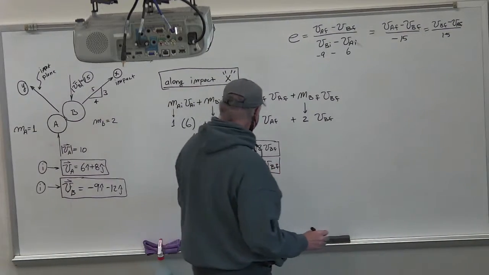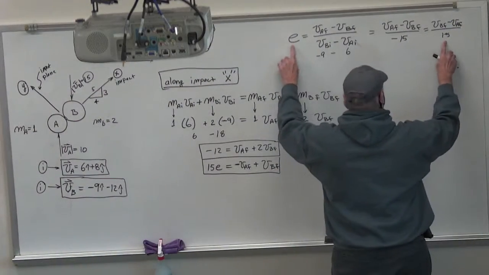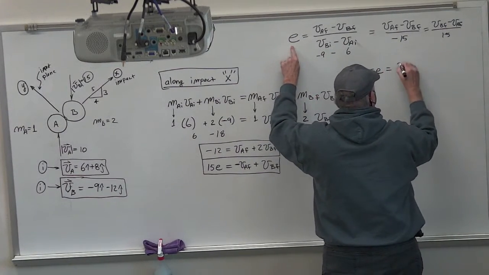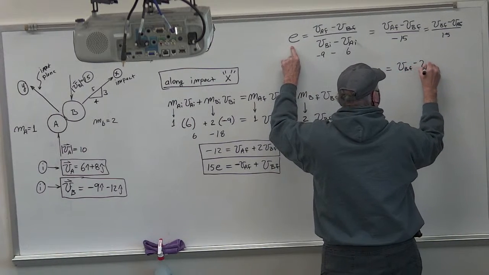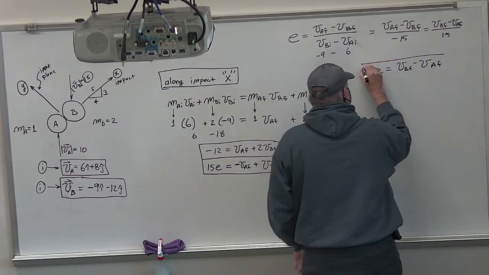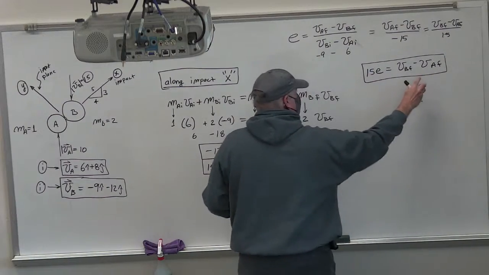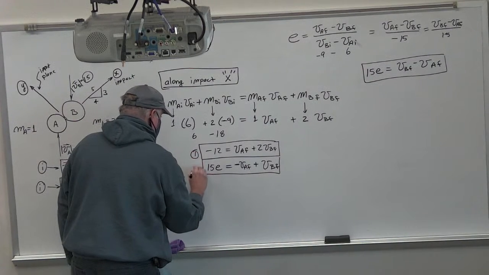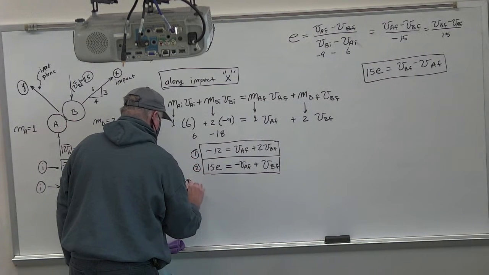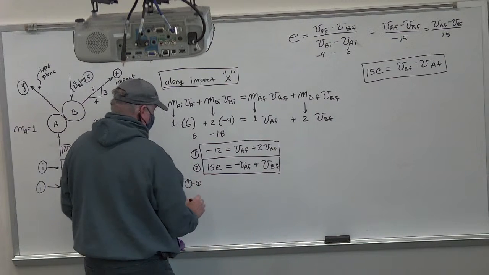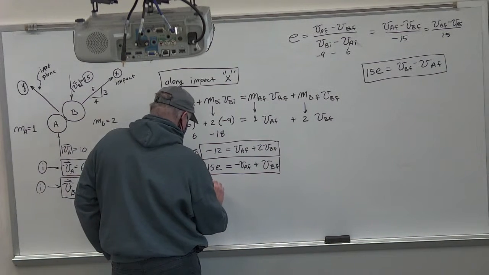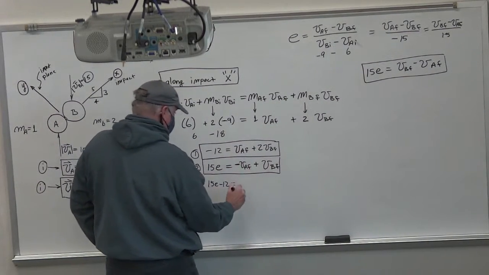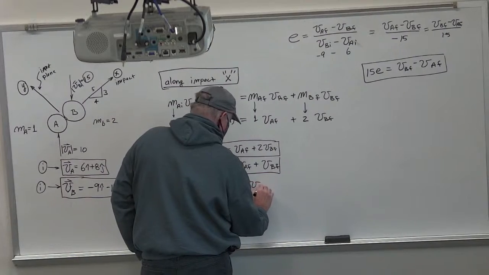Again, I took this over to this side, it gives me 15E is equal to... Now what I've done is I've put this one first to line this up. Equation 1 plus equation 2 gives you, these two go away, and then you get 3 VB final.